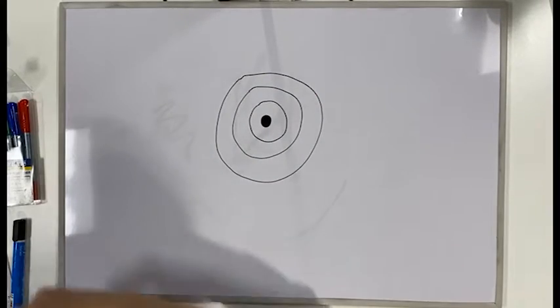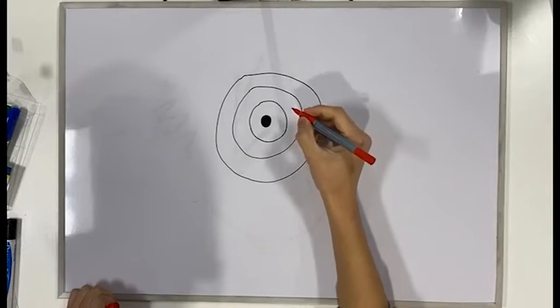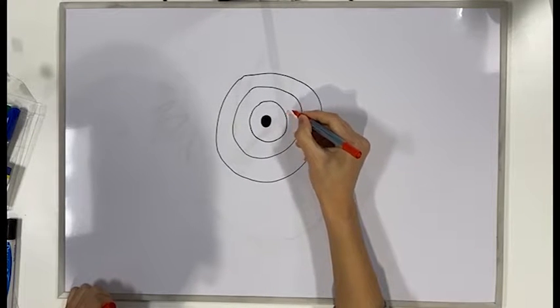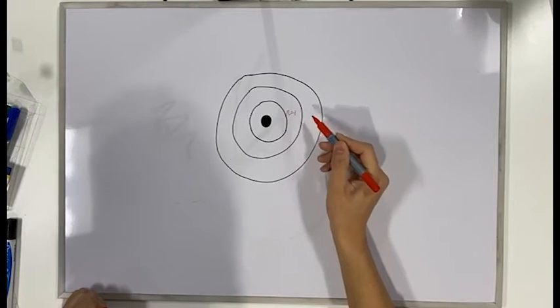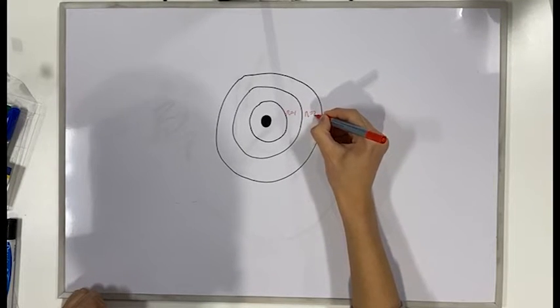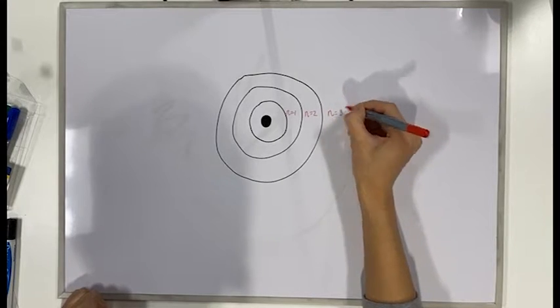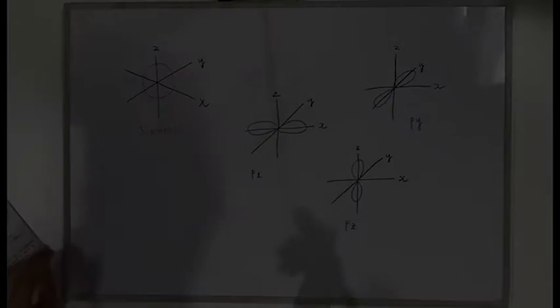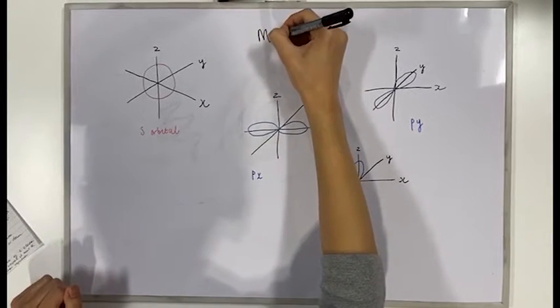Here, we can say that the first shell is n equals 1, n corresponding to the principal quantum number. The second shell, n is equal to 2, and the third shell, n is equal to 3, and so on and so on.